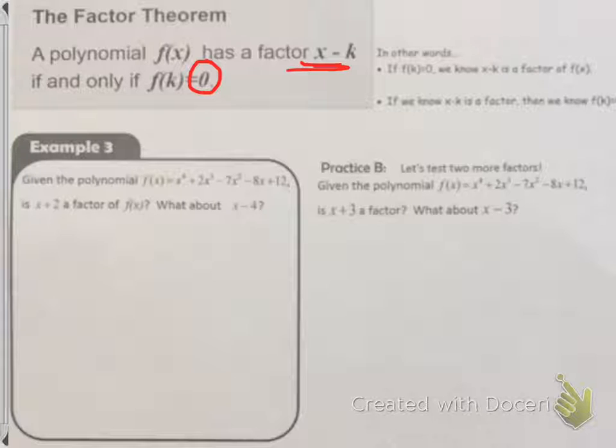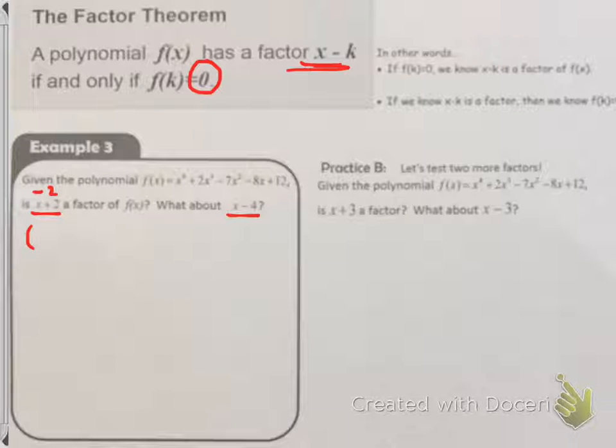On example 3, given the polynomial x to the 4th plus 2x cubed minus 7x squared minus 8x plus 12, is x minus 2 a factor of that? And then it asks you about x minus 4. If we want to know if x minus 2 is a factor, we could do synthetic division like we learned yesterday, or we can use the factor and remainder theorem that we learned today and substitute in negative 2.